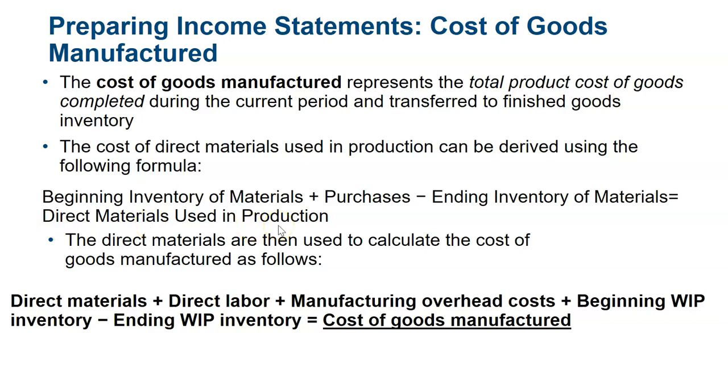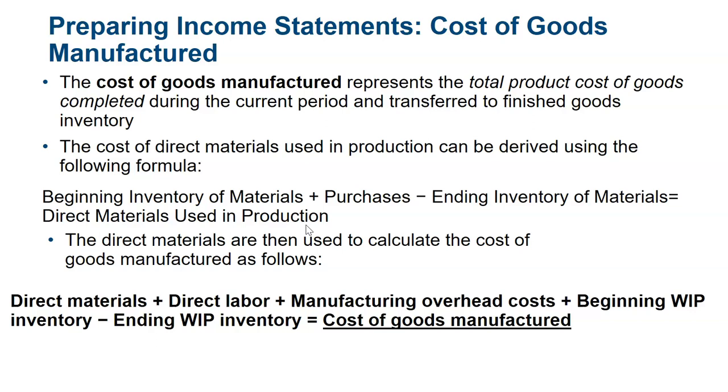This part right here where I'm hovering is not cost of goods manufactured. It is exactly what it says. What does the equal sign stand for? The equal sign stands for direct materials used in production.